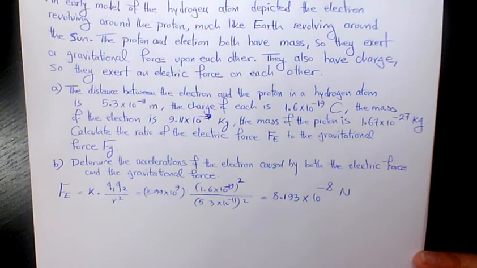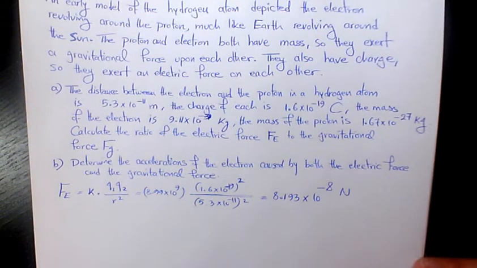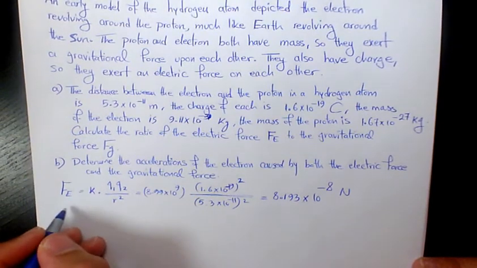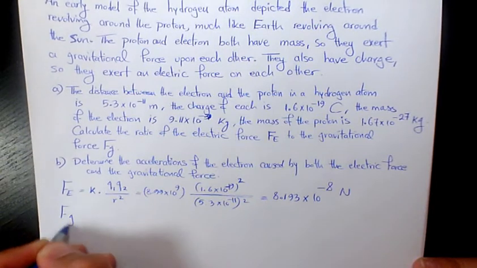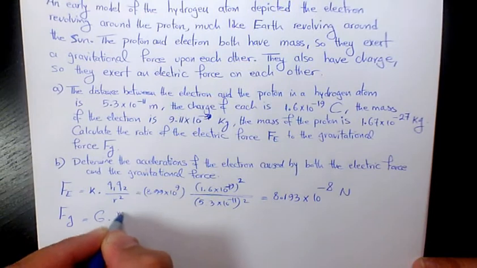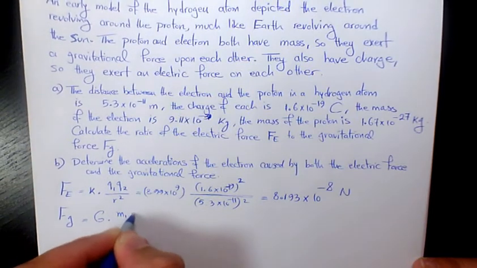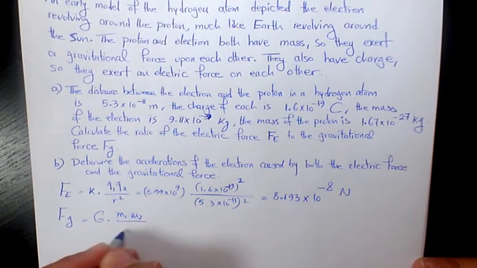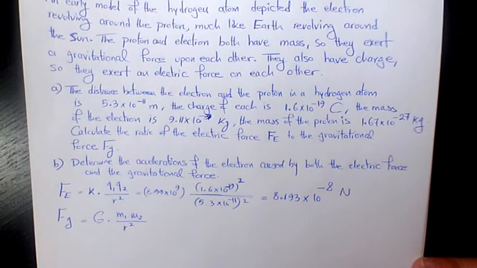On the other hand, we need to find out the gravitational force. Gravitational force is G times M1 times M2 divided by the distance between both of them squared.